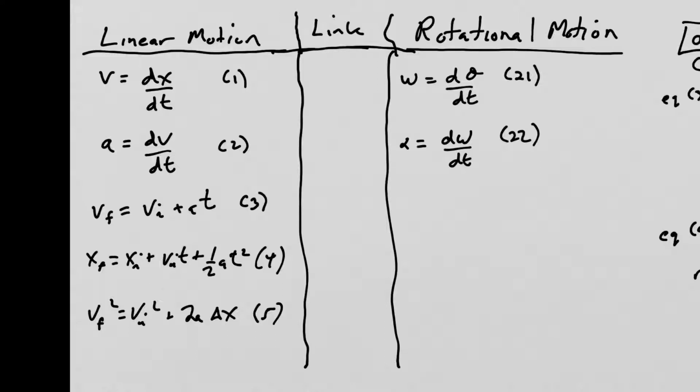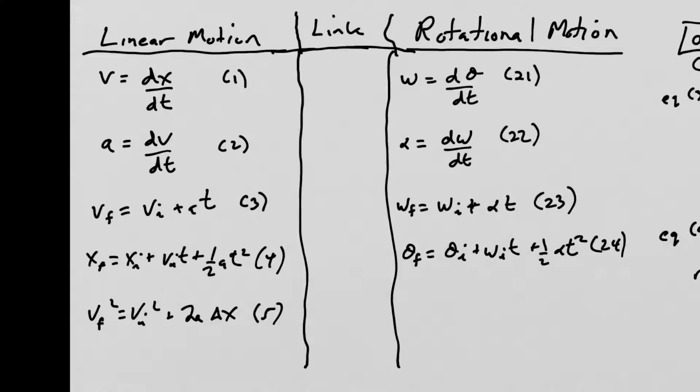Equation 23 was our analog of equation 3, which said that omega final is equal to omega initial plus alpha t. Theta final was equal to theta initial plus omega initial t plus 1/2 alpha t squared, which was equation 24. And omega final squared is equal to omega initial squared plus 2 alpha delta theta.